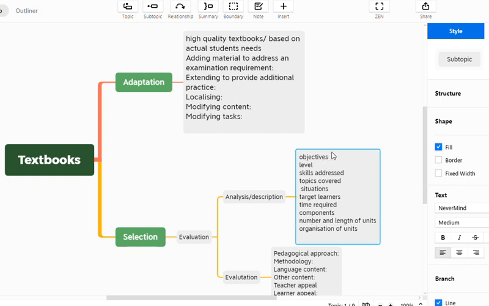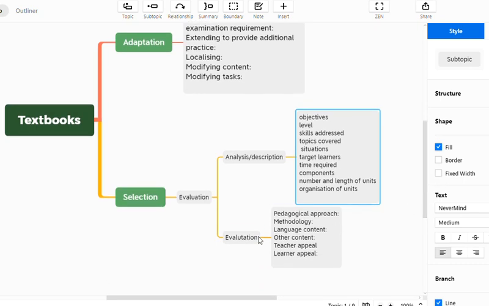Here something may be present, but its quality is assessed and evaluated in the second stage, which is called evaluation. For example, if here you have a section called conversation, if there is one or two dialogues, you say that yes, there is a provision of conversation.